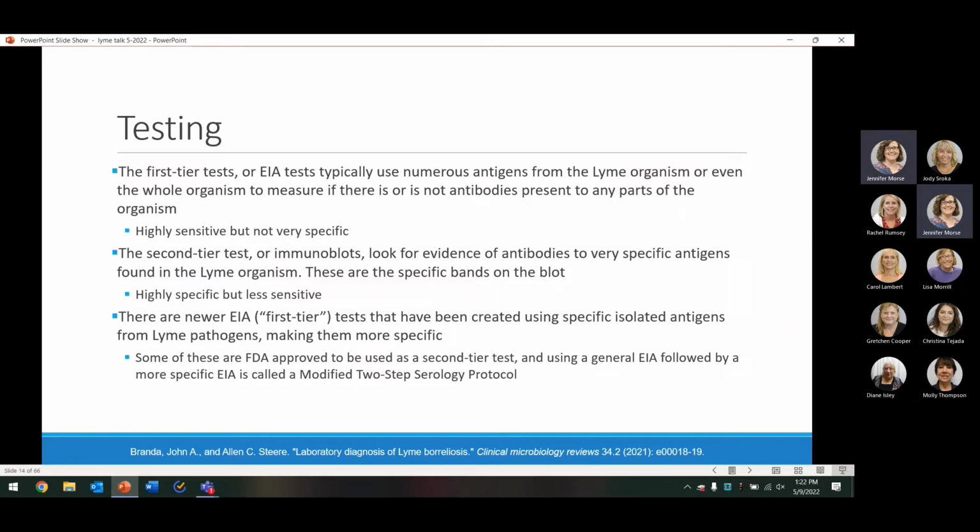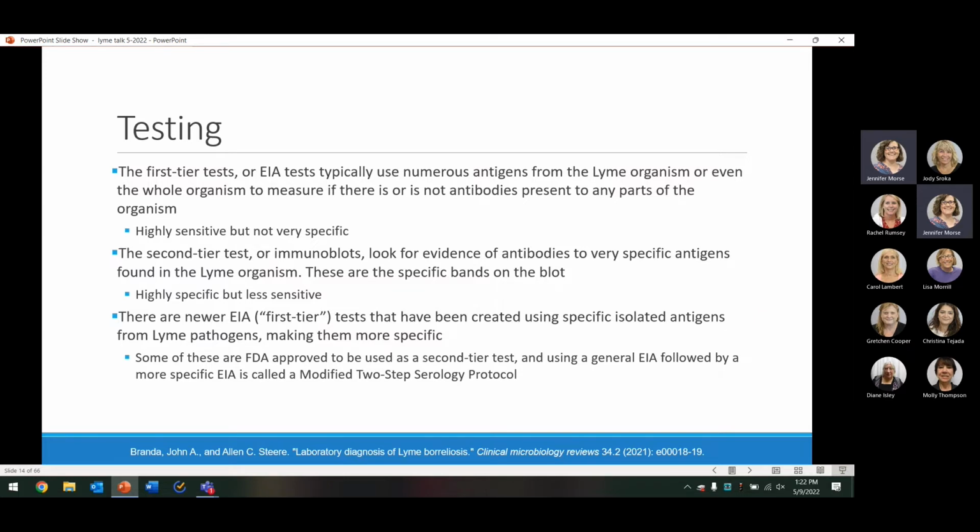There can be other things that cross-react and cause a false positive. So we basically are screening: is there any chance this person's been infected by Lyme? The second tier test, or those immunoblot tests, are more specific. So they're looking for antibodies to much more specific antigens found in the Lyme organism.